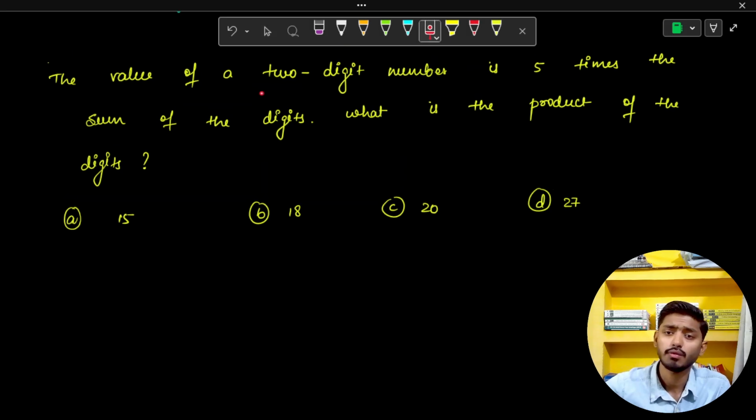Value of a two-digit number is 5 times the sum of its digits. Alright, so they have asked us a two-digit number.